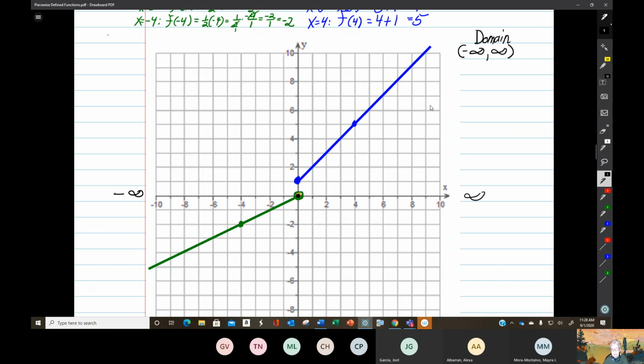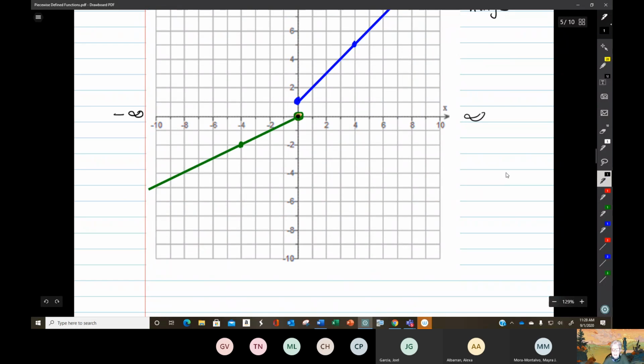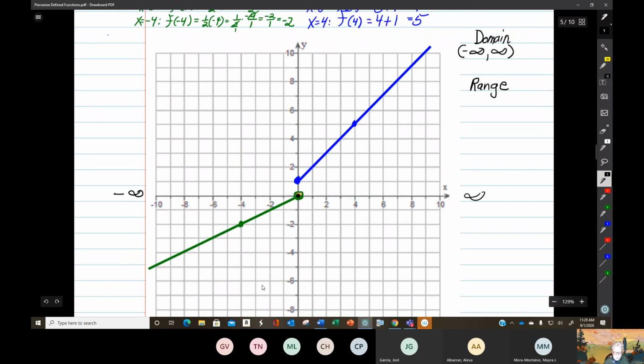But the range. Coming from the bottom, remember that down here, we have negative infinity, way down. This arm of the function is going to keep going down, so eventually it's going to go to wherever negative infinity might be. I'm not sure.